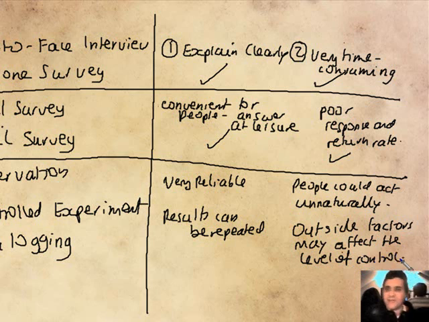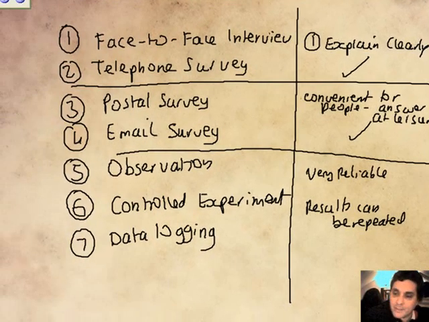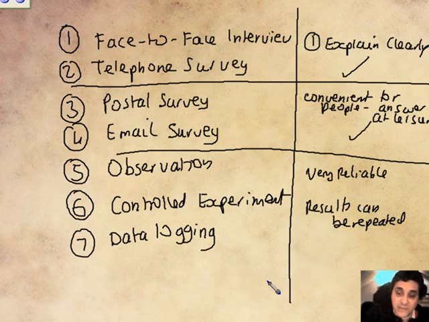Alright, outside factors may affect the level of control. As far as I'm concerned, home to school, that's what I'm in charge of. What can impact my journey from home to school is really outside my control. Although I'm trying to find out how long it takes me, and I can in fact repeat my result.